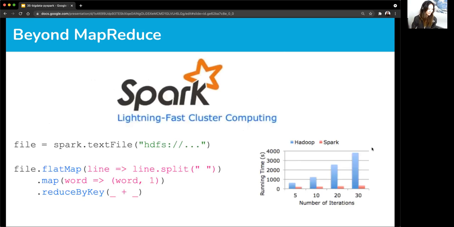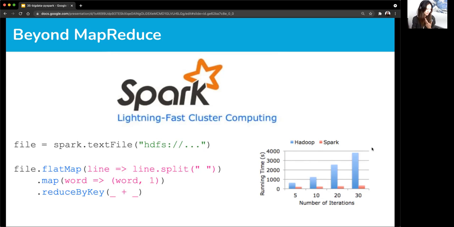So beyond MapReduce, there was Spark, and Spark was kind of created to speed up things that were done on Hadoop as well. When you are writing MapReduce jobs, you can actually write MapReduce jobs to be used in Spark. And it kind of requires a whole different level of thinking of efficiency when you're writing new Spark jobs.